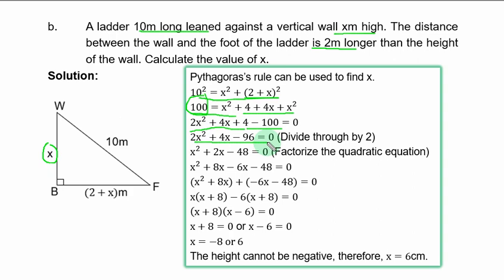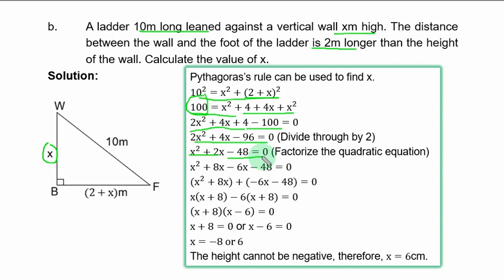You observe that 2 can divide through so that the terms can be reduced, I mean the coefficients. So you have S squared plus 2S minus 48 equal to 0. You can factorize. Now, if you compare this with AS squared plus BS plus C, you will see that A is equal to 1, coefficient of S squared, B is equal to 2, coefficient of S, and C is equal to minus 48, the constant term.